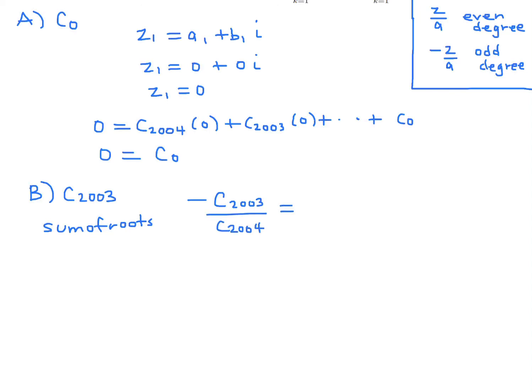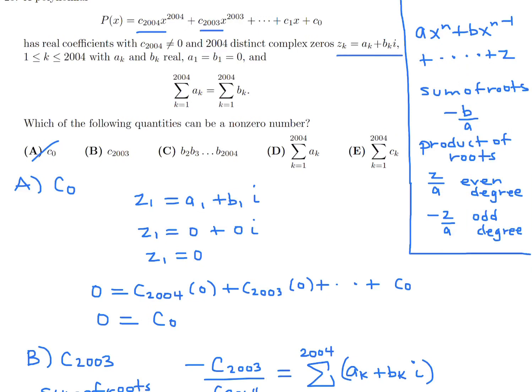Now the sum of the roots, if we write them all out, is the sum from k equals 1 to 2004 of ak plus bk i, right? Basically, all the roots are of this form, so you're just adding them: 1 is equal to k, 2 is equal to k, all the way up until 2004.